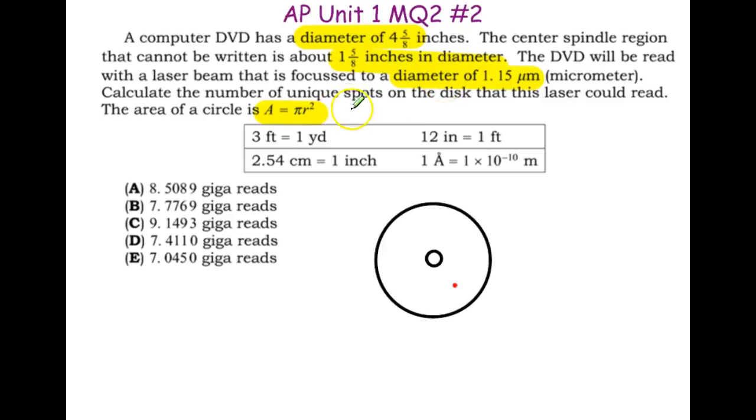We also need to consider that we're looking at a total area, and we're going to have to divide it by the partial area that's being read in order to get the number of reads. We also need to focus on our units. Notice that these two diameters are given in inches, this diameter is given in micrometers, and the final answer is the number of gigareads.